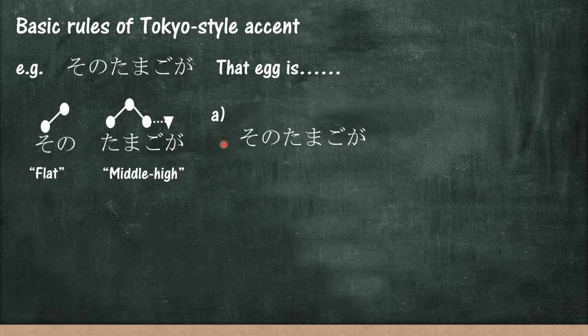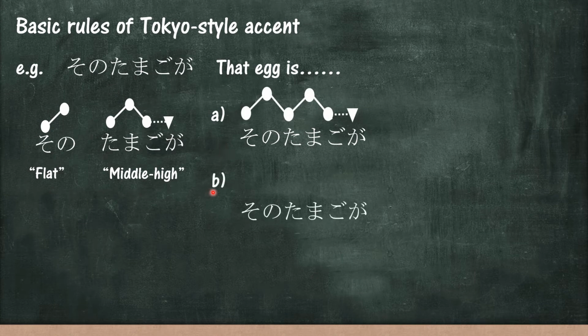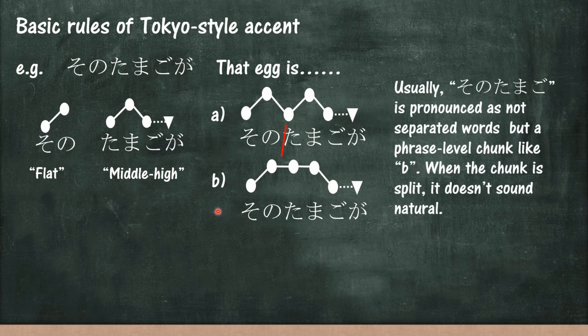A. その卵が。その卵が。B. その卵が。その卵が。Usually, その卵が is pronounced not as separated words, but as a phrase level chunk like B. When the chunk is split, it doesn't sound natural.